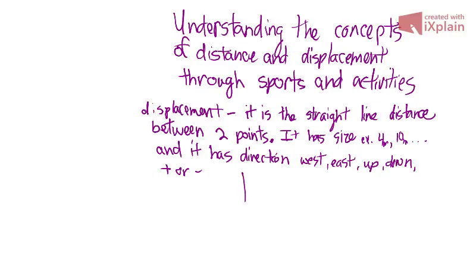The most common would be north, south, west, east, or positive y, negative y, and positive x, negative x. North would be positive y, south would be negative y, west would be negative x, and east would be positive x. So it's just like the 4 quadrants of math. So that's displacement. Distance is simpler.